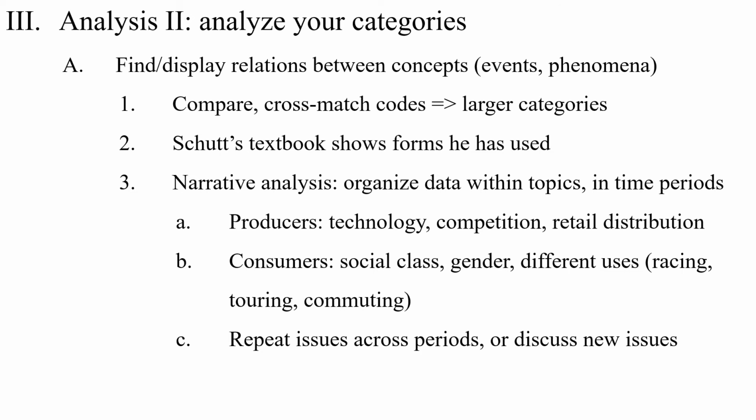The book talks about finding or displaying relations between concepts, which means between your tags, between your codes. Because the codes are meant to express concepts and talk about phenomena or events. And so you compare, again, constant comparison, cross-match the codes, and then you create another level of codes.